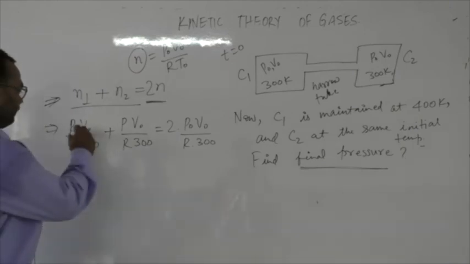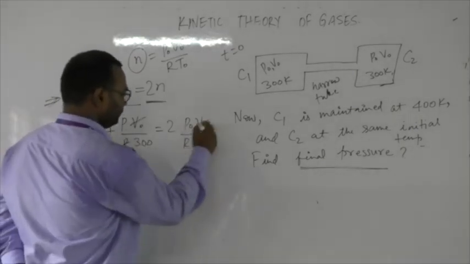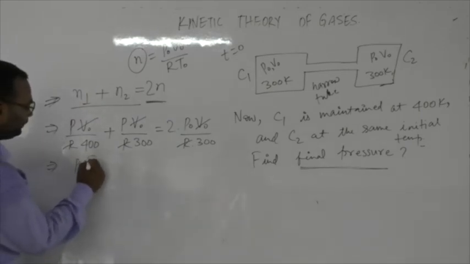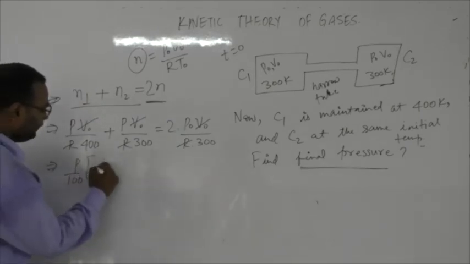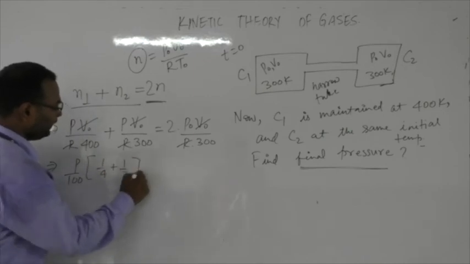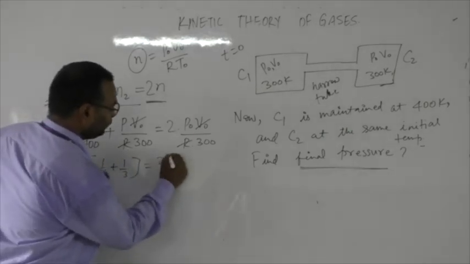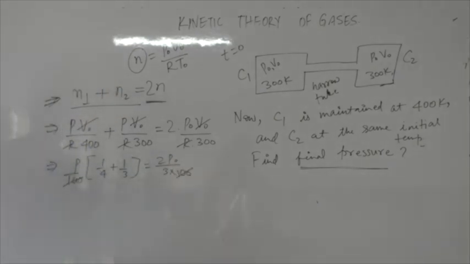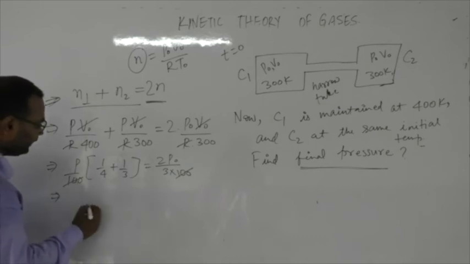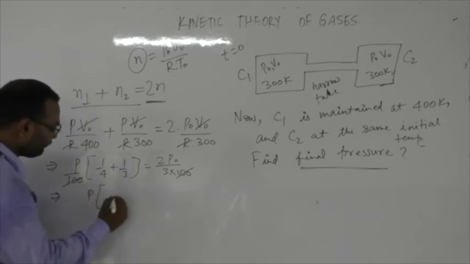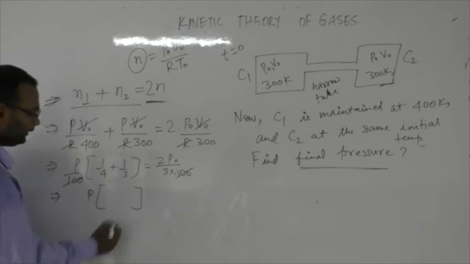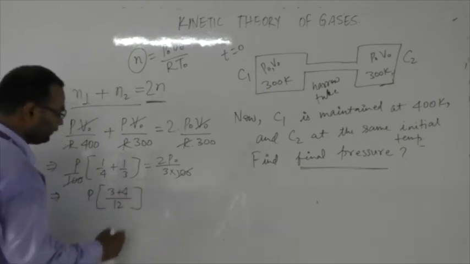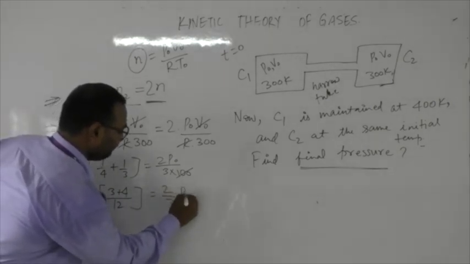Now you can cancel some common terms. So you are left with P by 100 times (1 by 4 plus 1 by 3) equals 2 P naught upon 3 into 100. Again, cancelling common terms, you will be left with P, and then taking LCM 12, 3 plus 4, equals 2 upon 3 P naught.